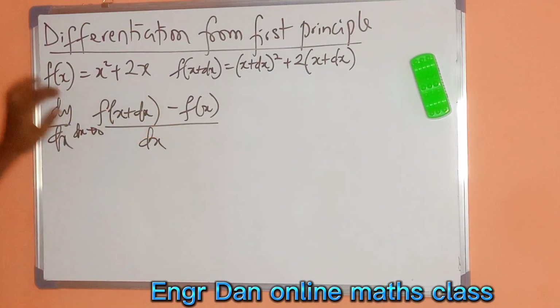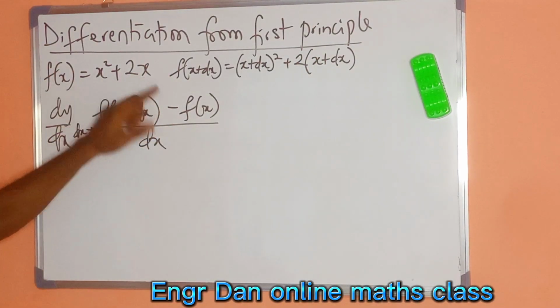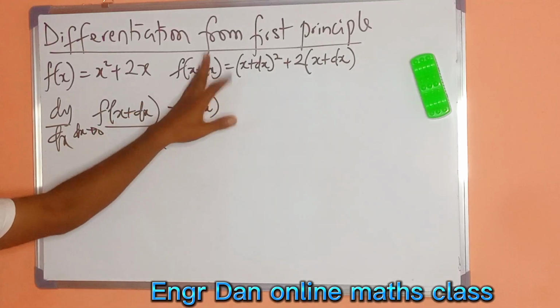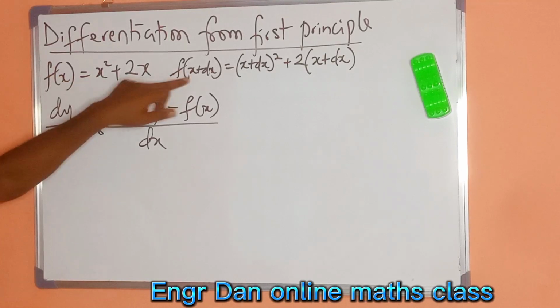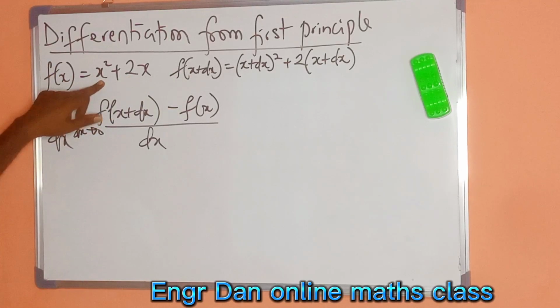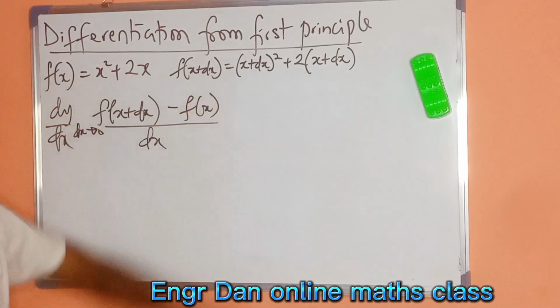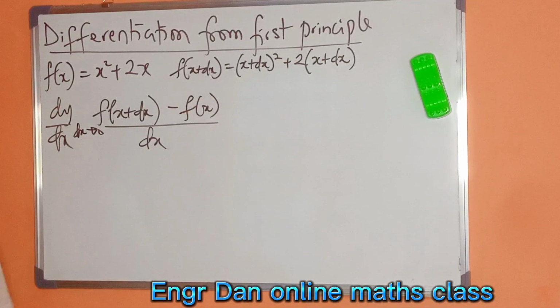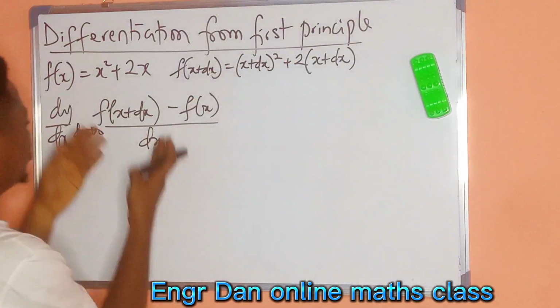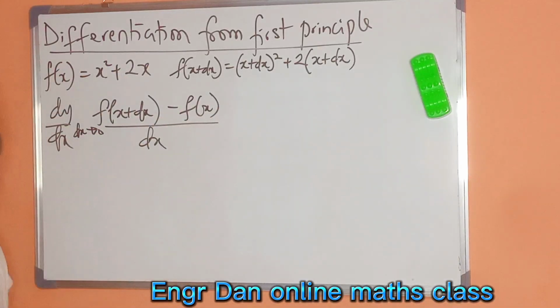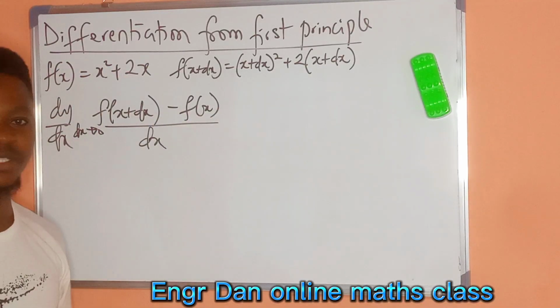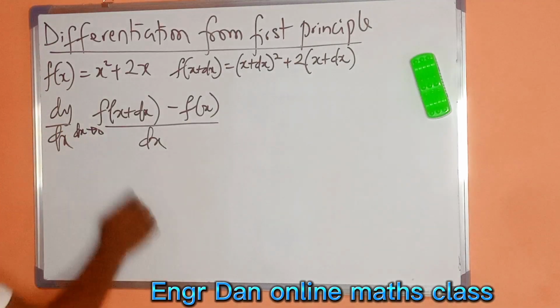This is f of x, x squared plus 2x, but f of x plus dx gives you x plus dx. Whenever I say x, put x plus dx squared plus 2 open bracket x plus dx. So pick this, put it in here, minus, pick this, put it in here, and solve. Is that simple? Just solve mathematically. Alright, let's do that.